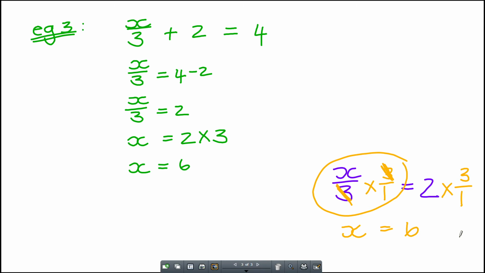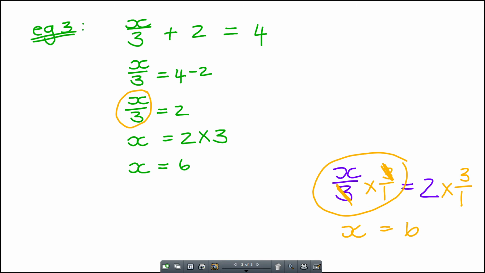Just remember, from this one, how did I get from here to there? Okay, so this part is x divided by 3. Because you read it from the top, x over 3 is x divided by 3.